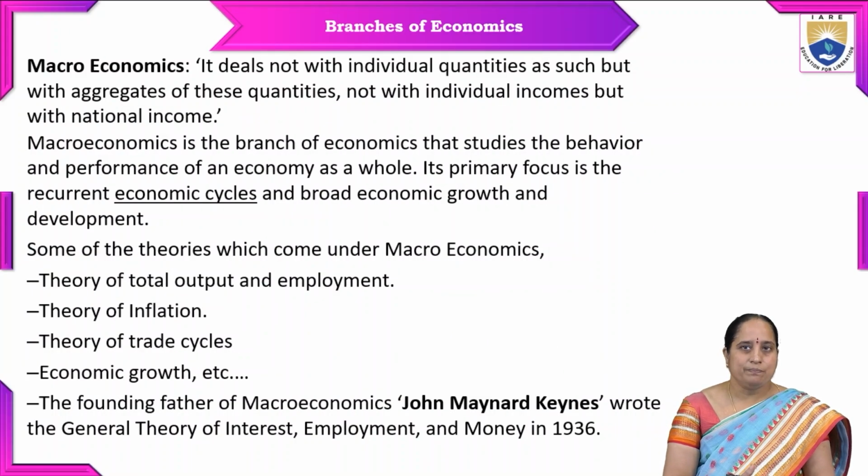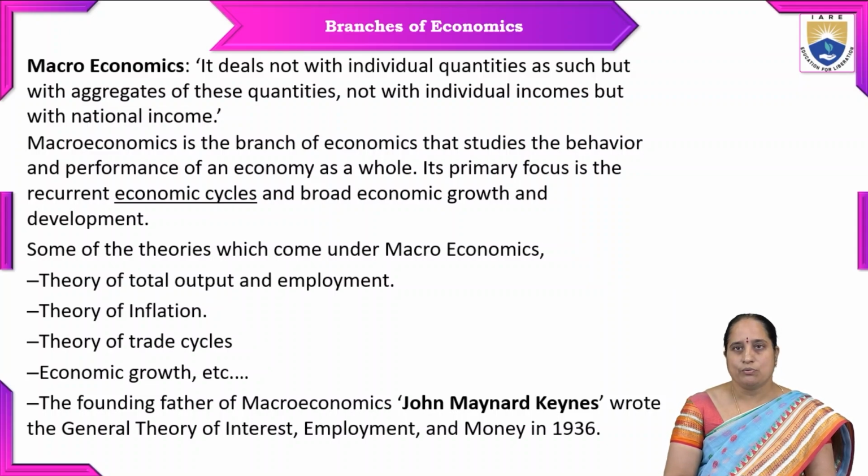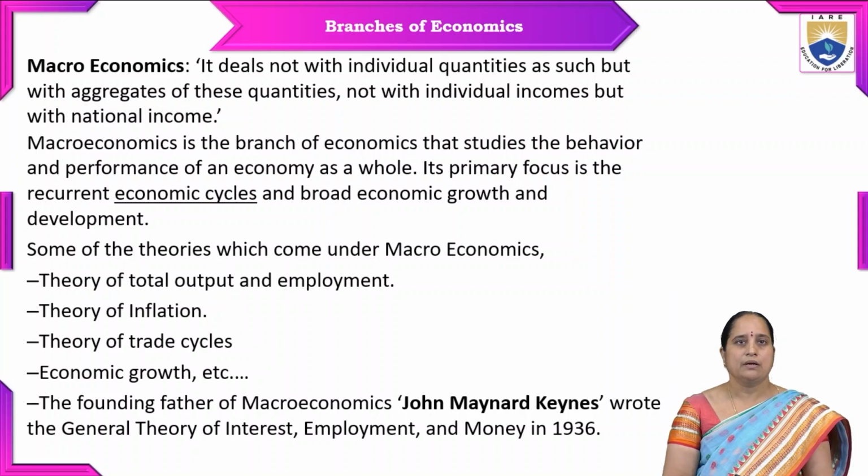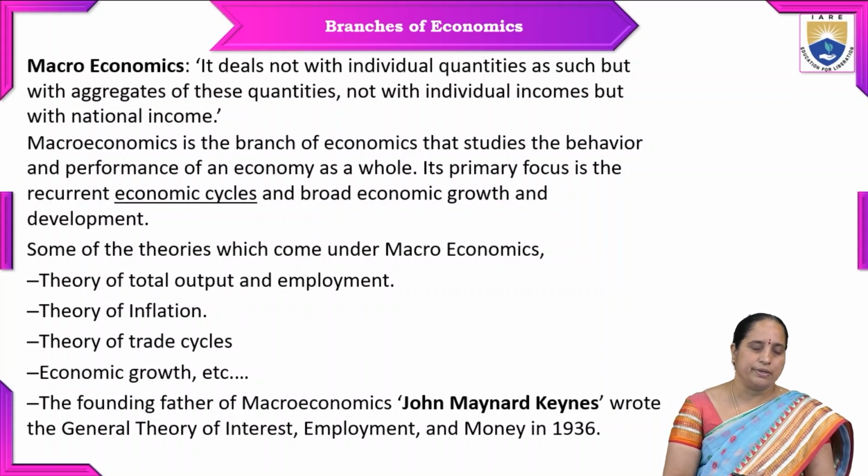Then the next branch is macroeconomics. It deals not with individual quantities as such, but with aggregates of these quantities; not with individual incomes, but with national income. When we talk about national income, we consider all the people's income in a country. GDP, gross domestic product: overall production, irrespective of the sector.